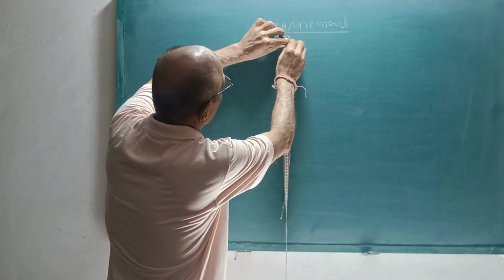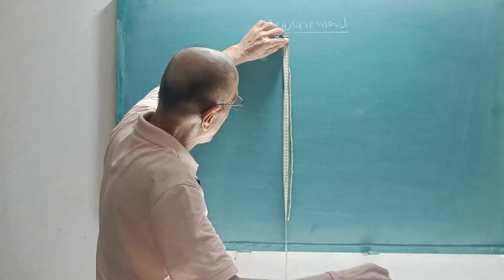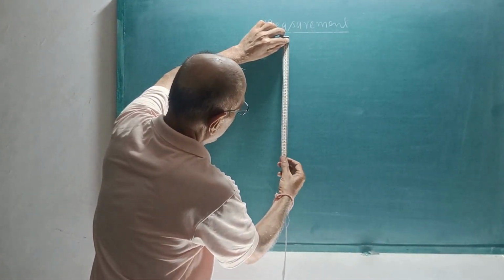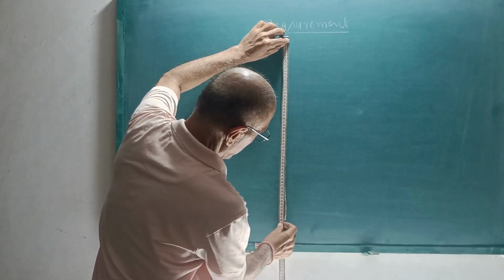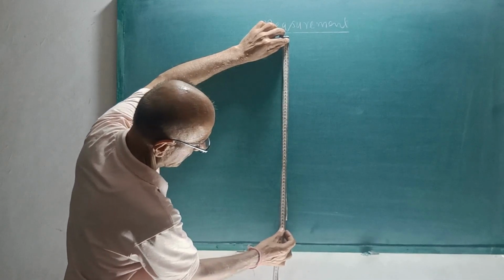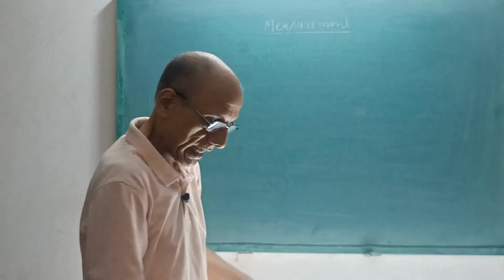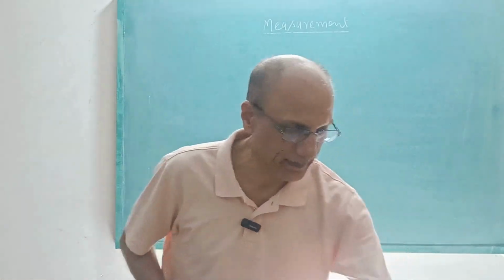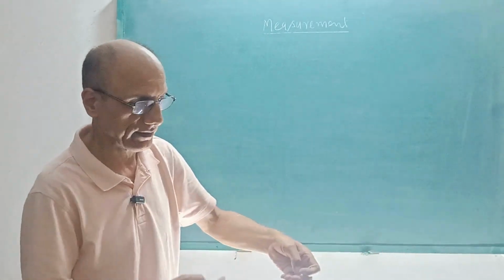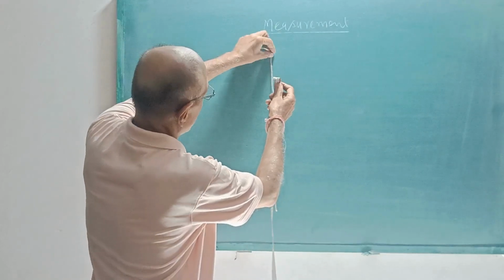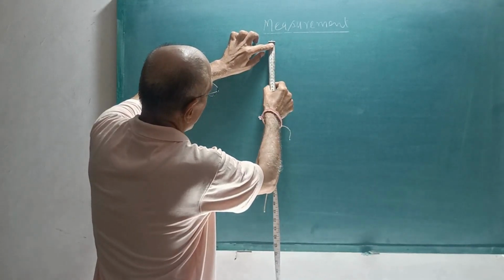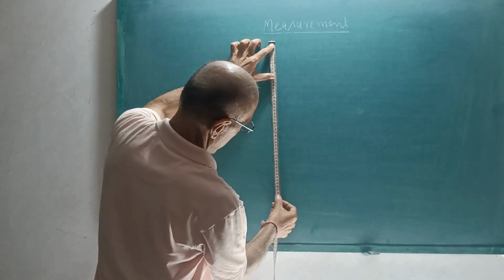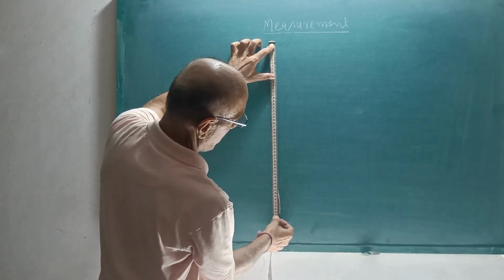So now I am comparing each object with the inch tape as the standard. So it is 58 centimeters. Just see, 58. And the second one, let us try to find how long it is. It is 54.